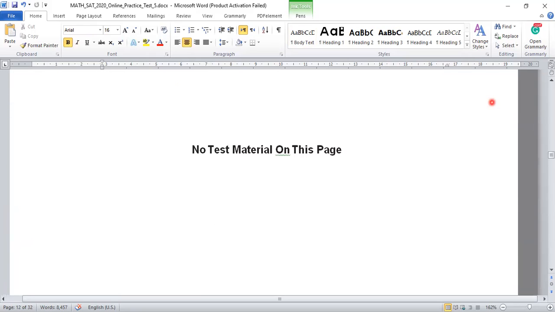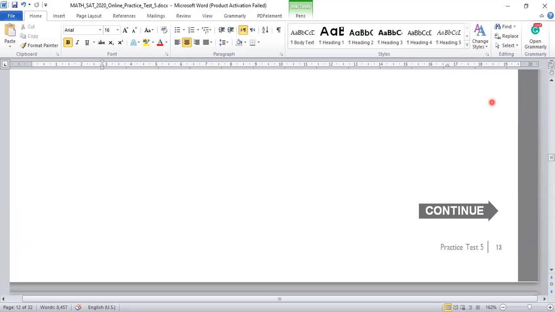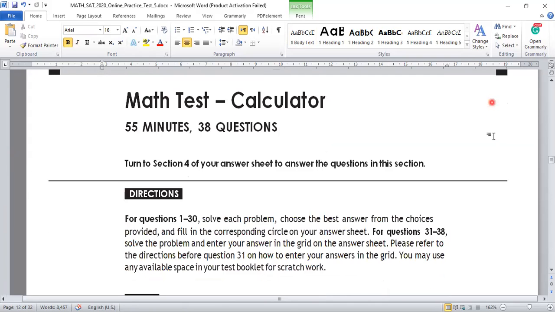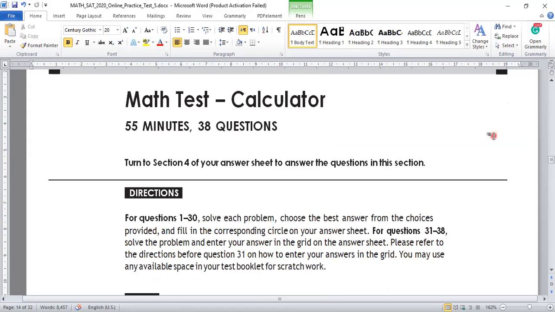Now the next is calculator based. Here you can use the calculator throughout. There are 55 minutes and 38 questions, but we are not solving all of those questions this time.